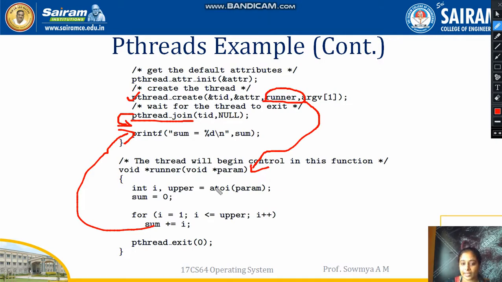To get the values, you have to make sure you are joining the thread to the main process. So pthread_join with the same tid and a NULL attribute will join your thread to the main process. The main process can now access the value of sum which was calculated in the runner function through the new thread you have created.